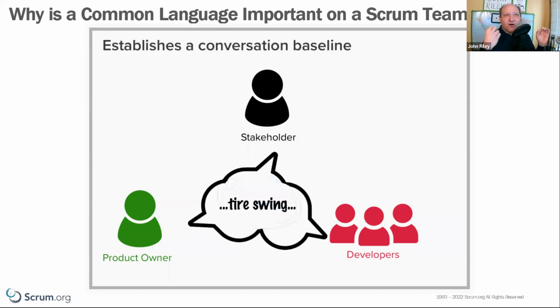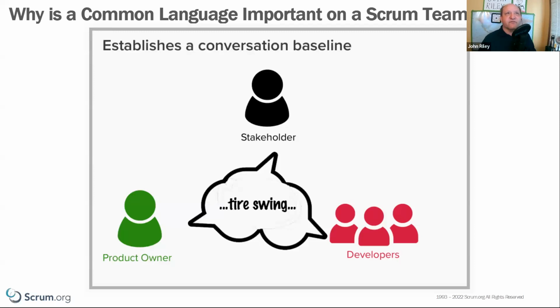So what a common language produces is a conversation baseline. What I mean by that is you can start your conversations out by saying tire swing. We now have this common term called tire swing that has something to do with this picture that everybody has. So that when we're talking about the tire swing and we want to create the rope, that's a conversation baseline.